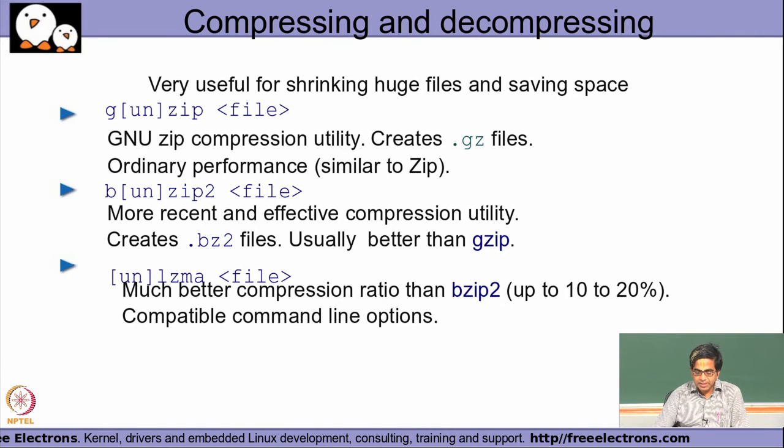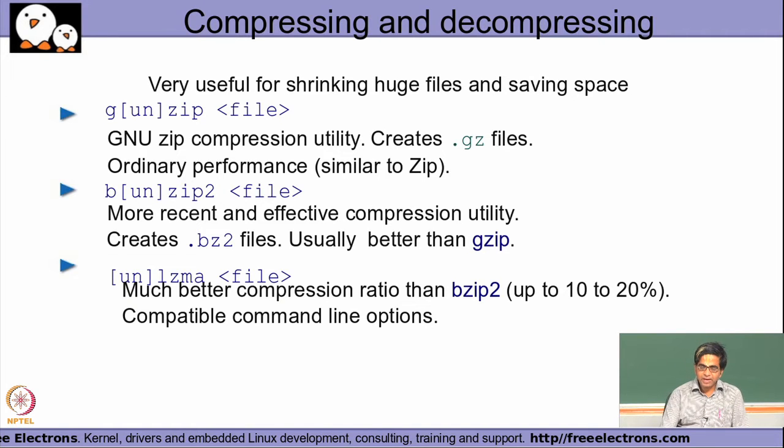Similarly, there is another compression utility called bzip2, which also does compression of the file, and the compression percentage factor in bzip2 is better as compared to the gzip algorithm. The gzip compression algorithm came out first, and then further enhancements to the compression algorithm were done, which were subsequently released as the bzip2 compression algorithm.